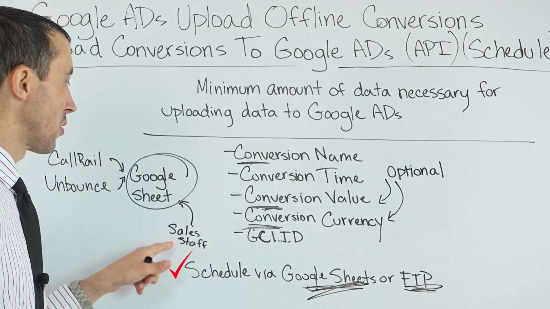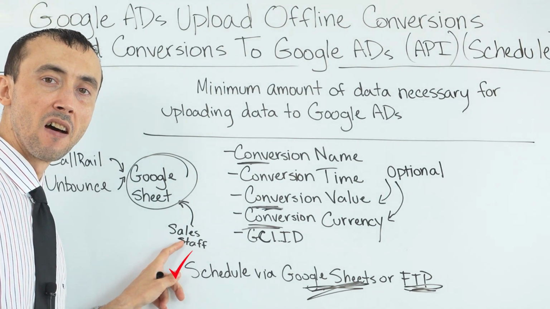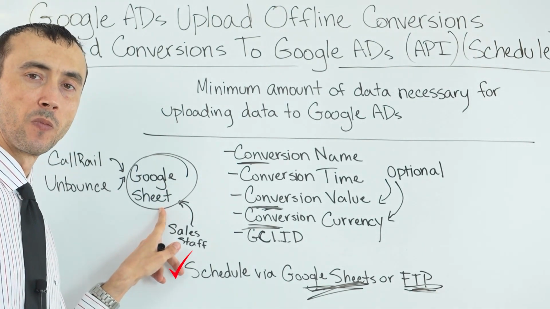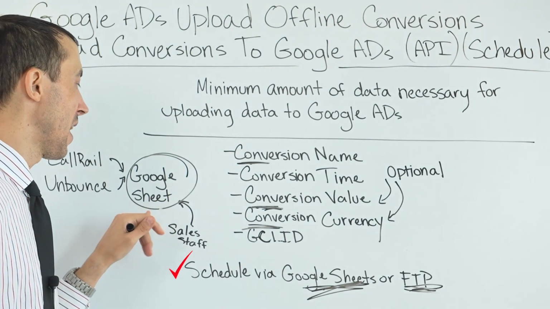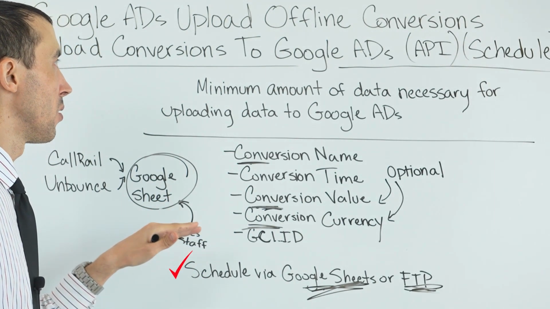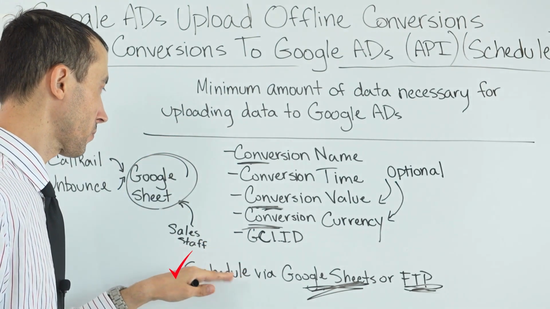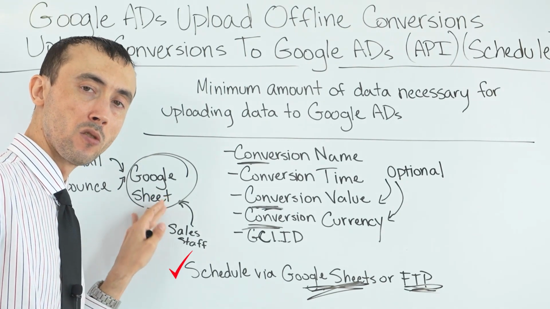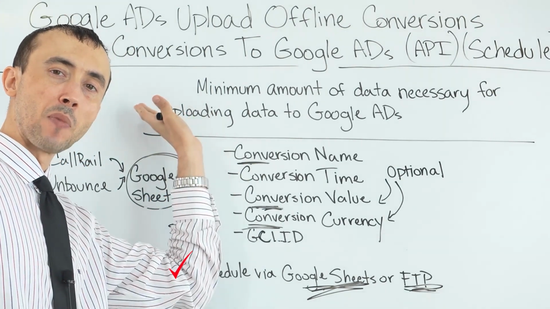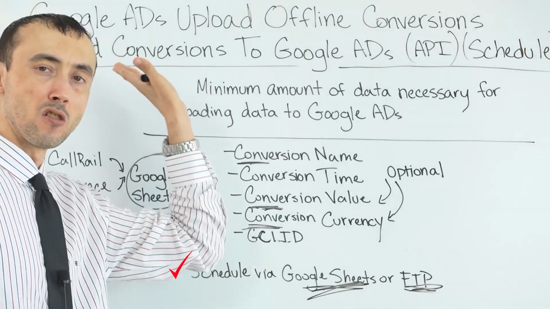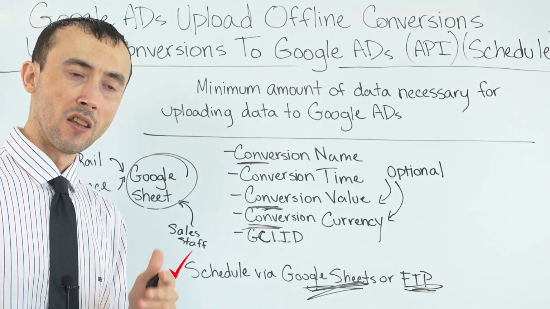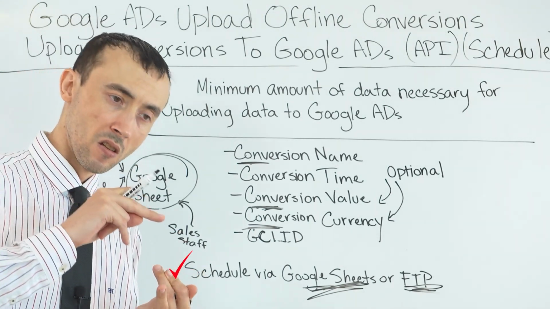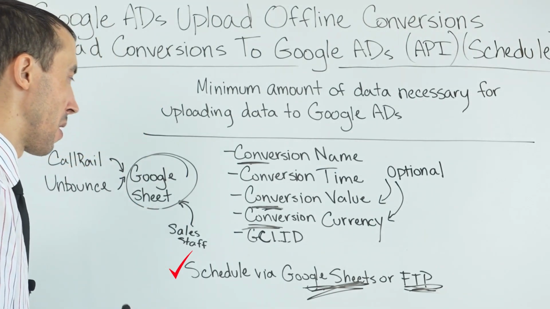You can have your sales staff, when they make a sale, input the customer data into this pre-designated sales Google sheet, and you can program it via the uploads menu in your Google Ads account to check this Google sheet every hour for any new entries, and if there is one, it'll automatically pass that sales event into your Google Ads account. So you can see that sale in your keywords menu and see what keyword produced it originally, time of the day, day of the week, and so on, like we were talking about before.